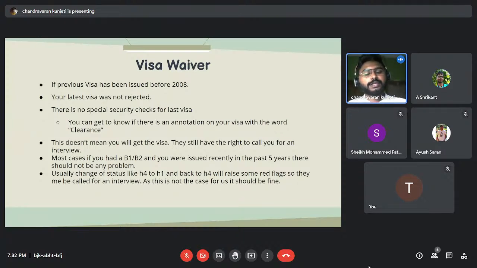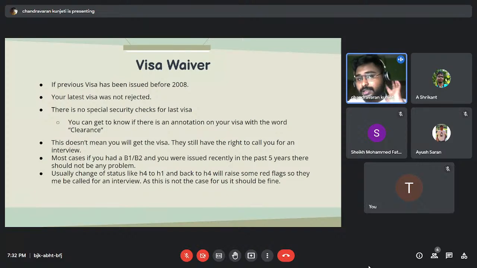But this doesn't essentially mean you will not be called at all for an interview. It just means there's a high chance they will give you an F1 visa without an interview. Usually I've seen that people who've had a B1 or a B2 in the past 5 years have not been called for an interview at all, and have been issued the visa. So that is one thing you can be looking at.